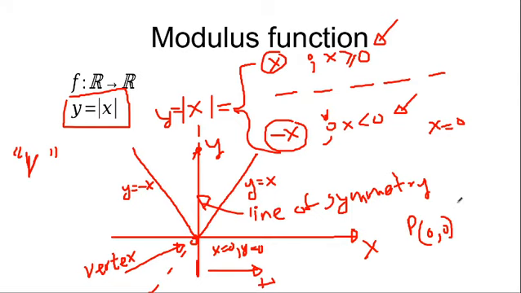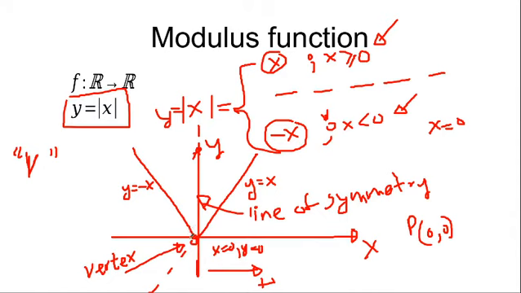So you're gonna have to be careful when you sketch a modulus function, because when students start to sketch it, they just keep this shape in their mind, and they always end up having the vertex on the x-axis.